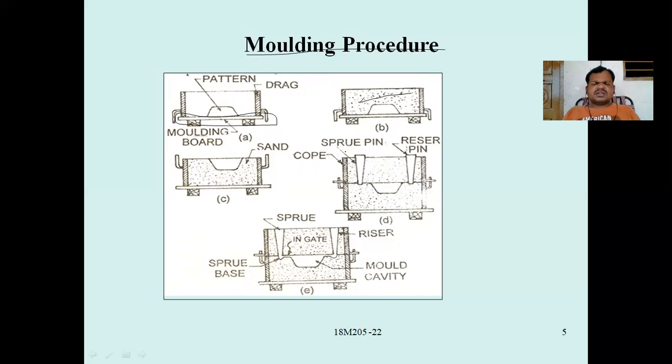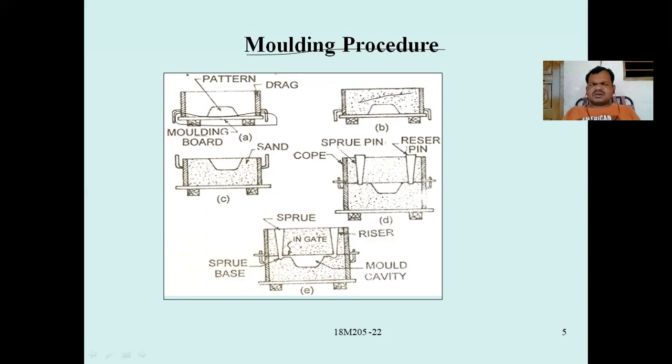So here the screw pin is also called runner. What is the main purpose of the runner? We are going to melt the required material metals. So initially we convert it into molten material. After completion of conversion into molten material, that molten material we pour into the mold cavity.